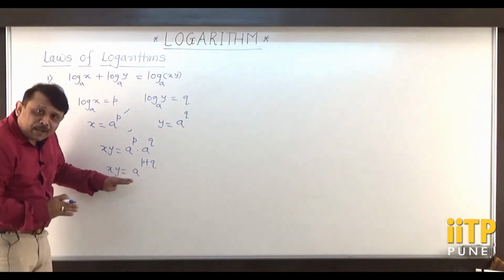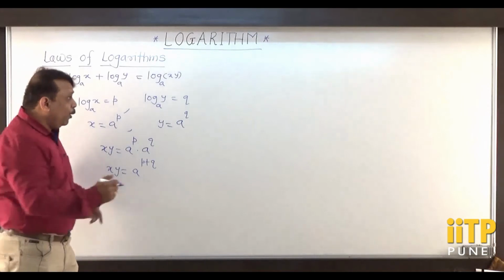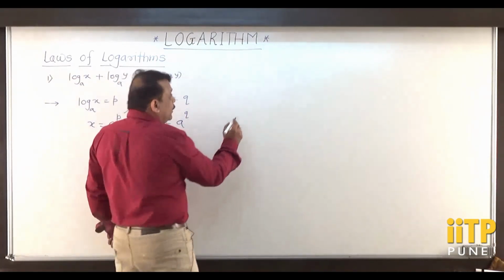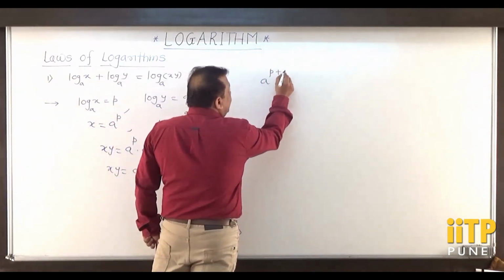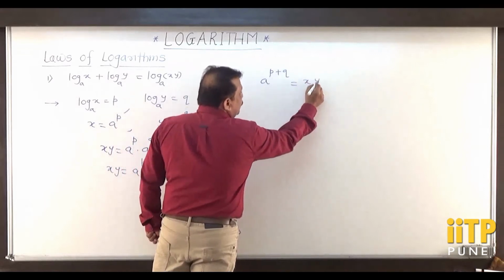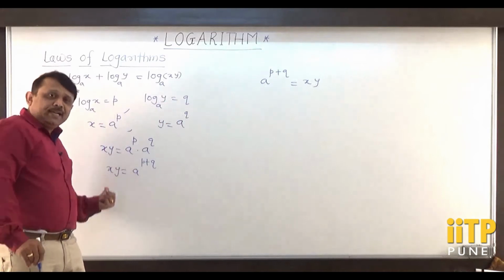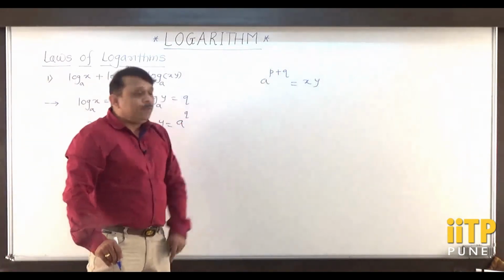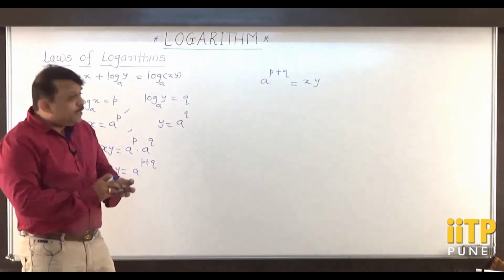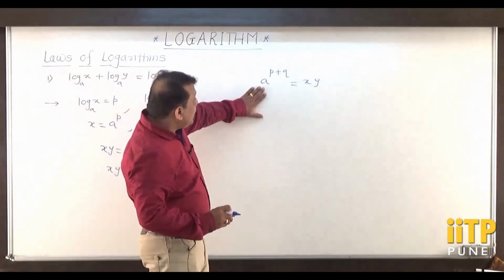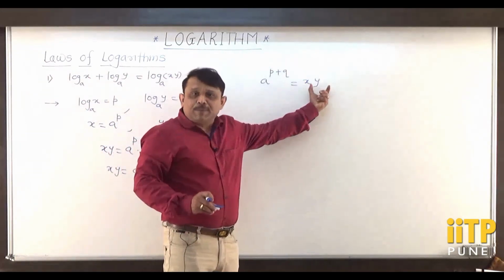So let us convert this into logarithmic form. So a raised to p plus q is xy. This is the exponential form because a to some power is equal to some other result.